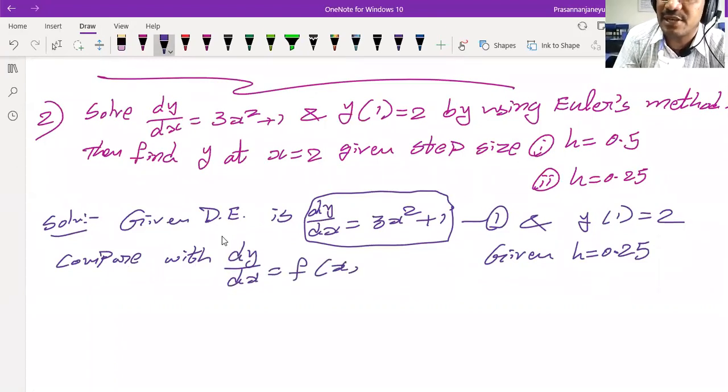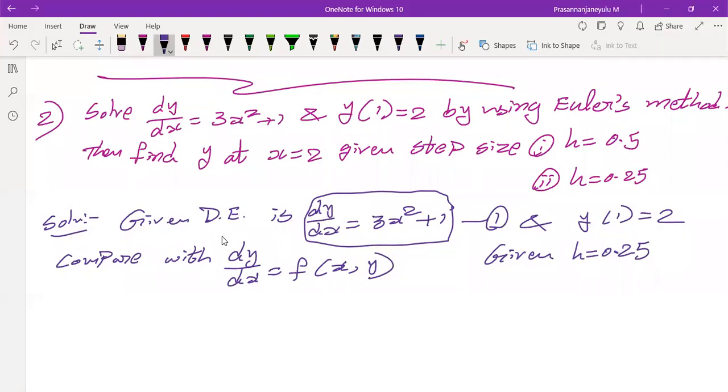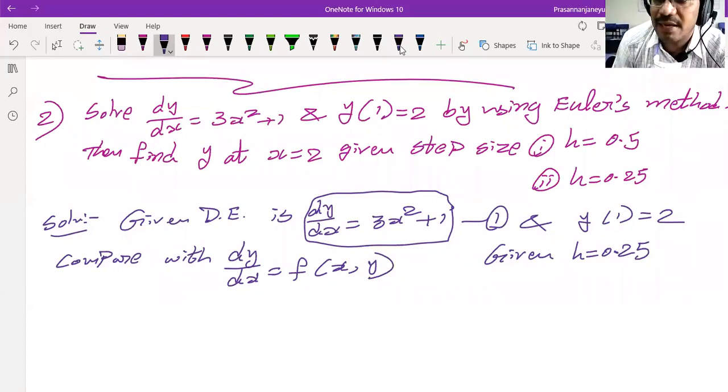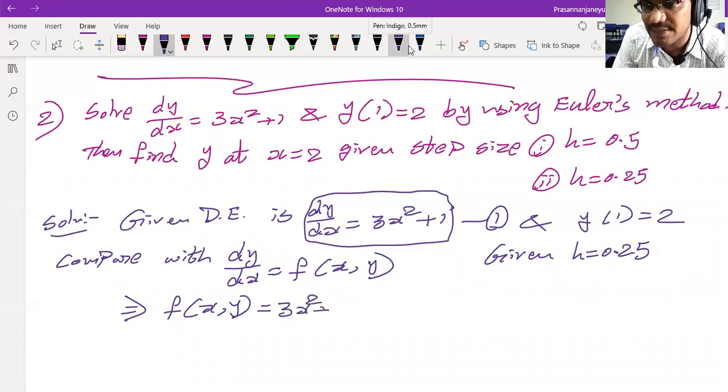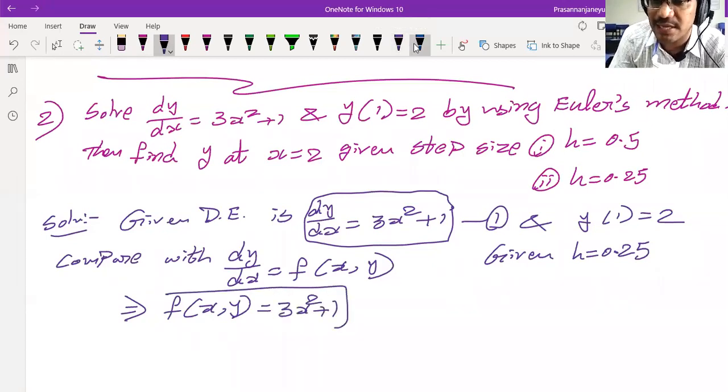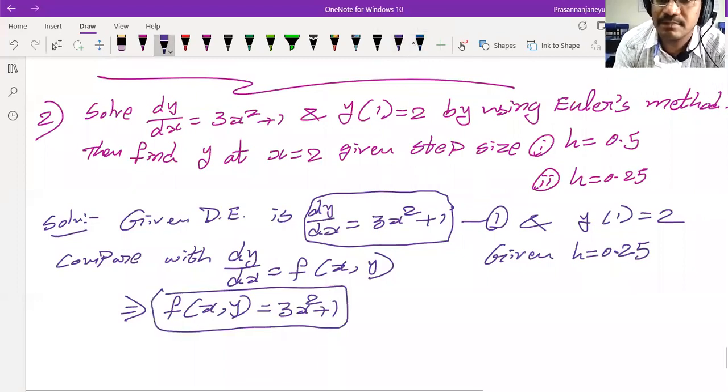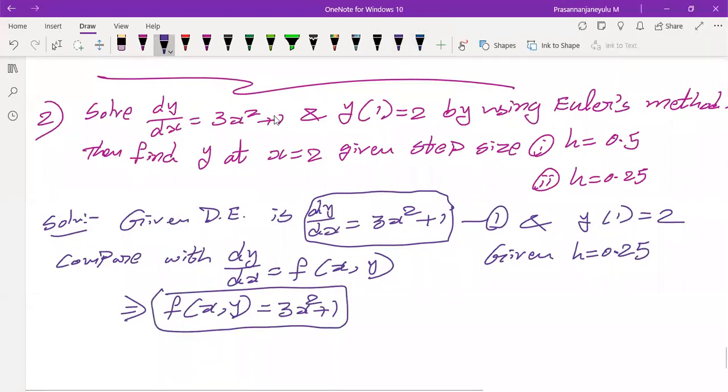Now if we observe, by comparing these two, f of x comma y equals 3x square plus 1. So putting this in the box, and they provided h equals 0.25. This is also important for us.